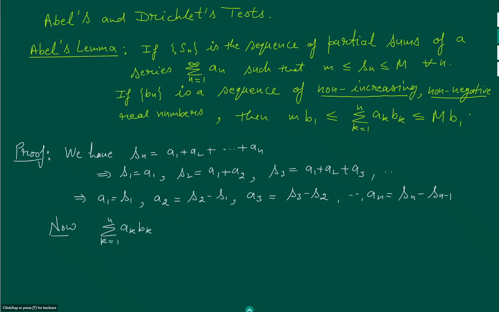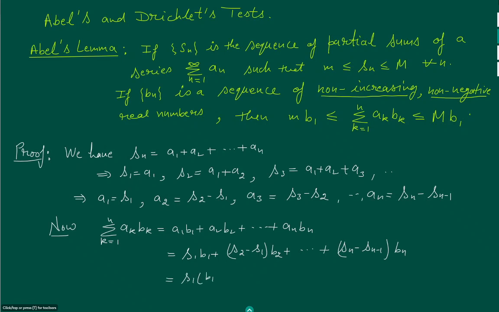this summation AkBk, k varies from 1 to n, is A1B1 plus A2B2 plus up to AnBn. This can be written as A1 is S1, S1 into B1, plus A2 is S2 minus S1 into B2, plus An is Sn minus Sn minus 1 into Bn. So this is equal to S1 into B1 minus B2.